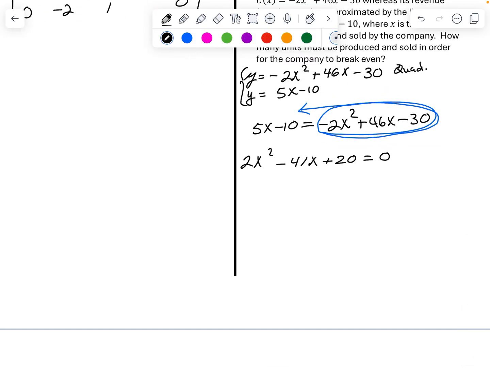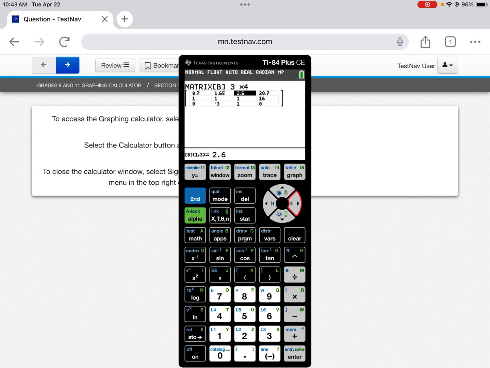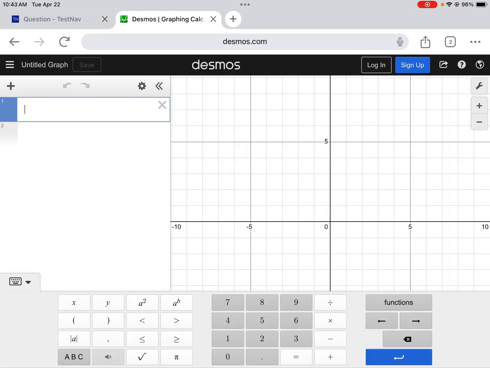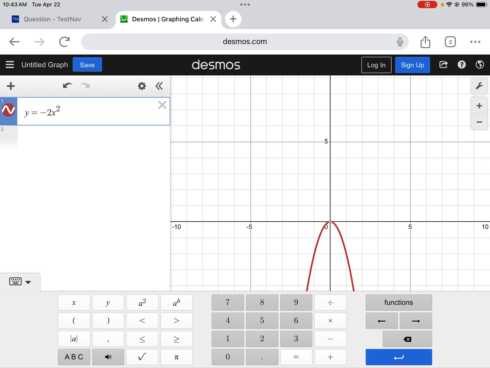And then we need to solve this. So I would solve this by putting it into Desmos. So I would just go to Desmos, and I would type in y equals negative 2x squared plus 46x minus 30.